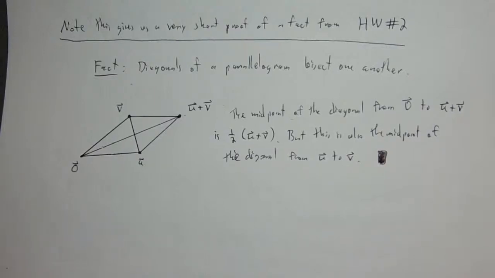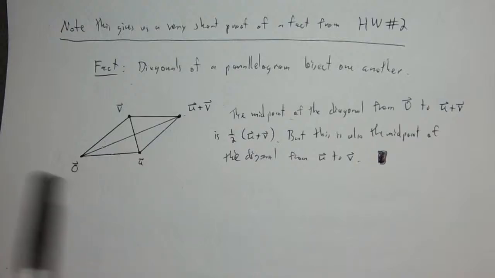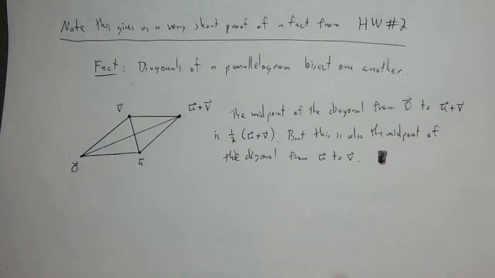Okay. So that's a really, really quick proof of this fact. You might recall that you had to go back and look at your proof from homework 2 and see what you actually had to do to prove this, and it was slightly more annoying than this argument.